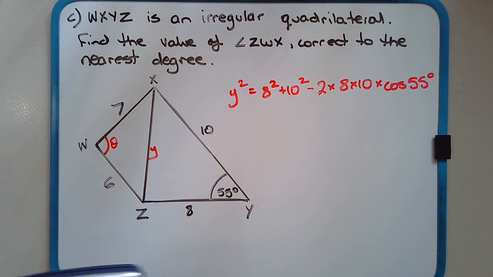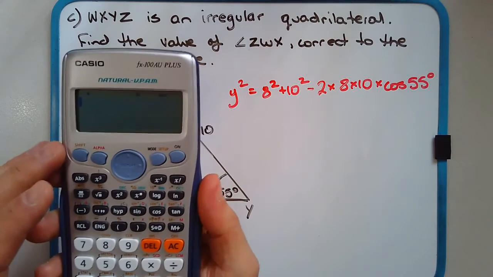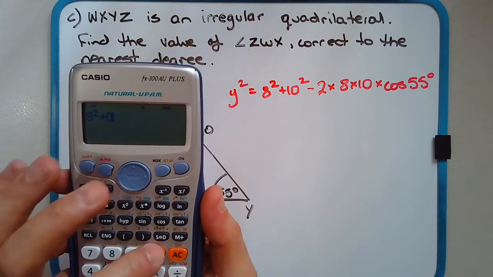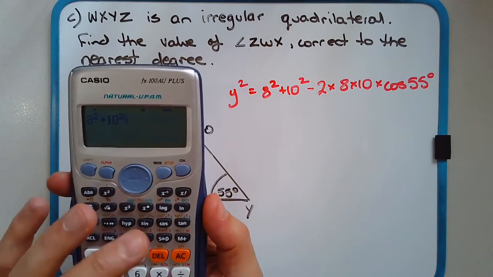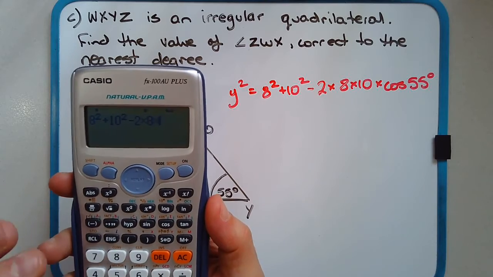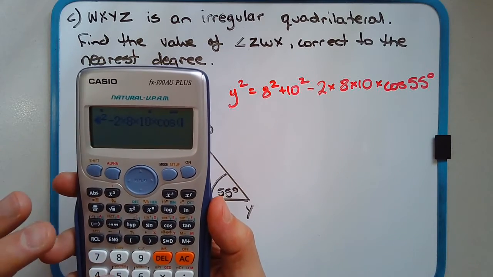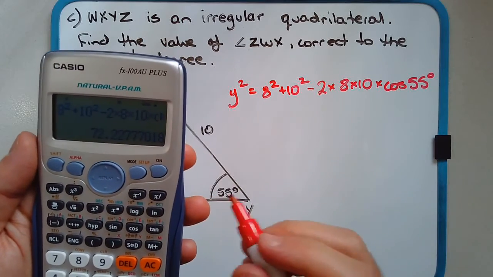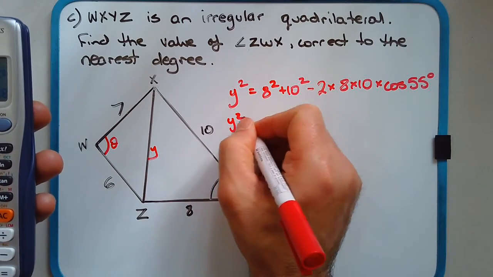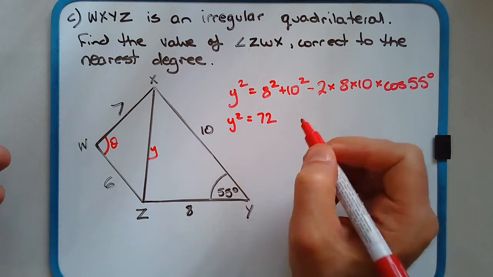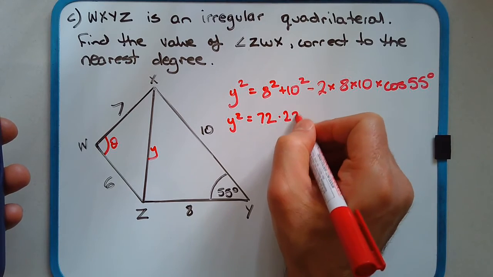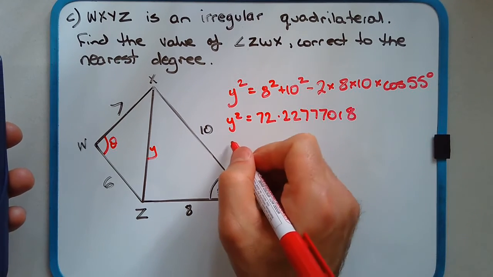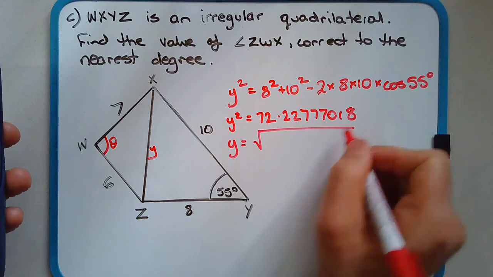I'm not going to round until the absolute very end, so I'm just going to write the full answer. So we have 8 squared plus 10 squared minus 2 times 8 times 10 times the cosine of 55, and I get 72.2277718. y is equal to the square root of all that.